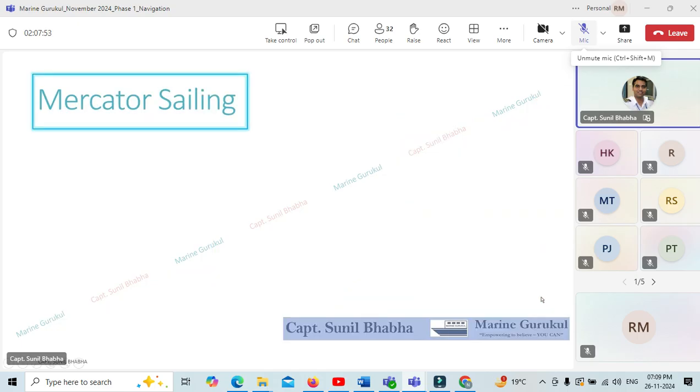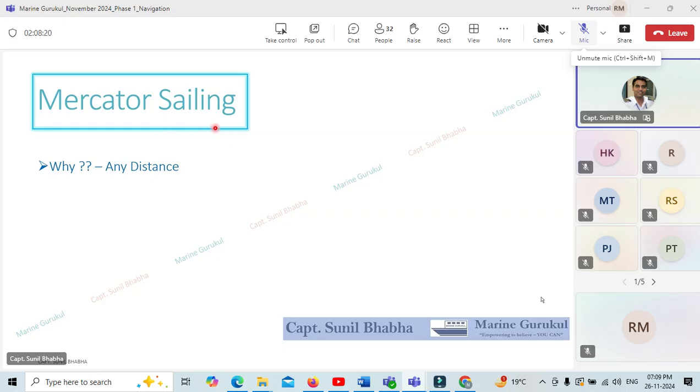We now move to our third rhumb line sailing, which is the Mercator sailing. We have seen that plain sailing has a limitation of 600 nautical miles. Plain sailing can be used for distances less than 600 miles. If the distance becomes more than 600, it gives appreciable, significant errors in the answers.